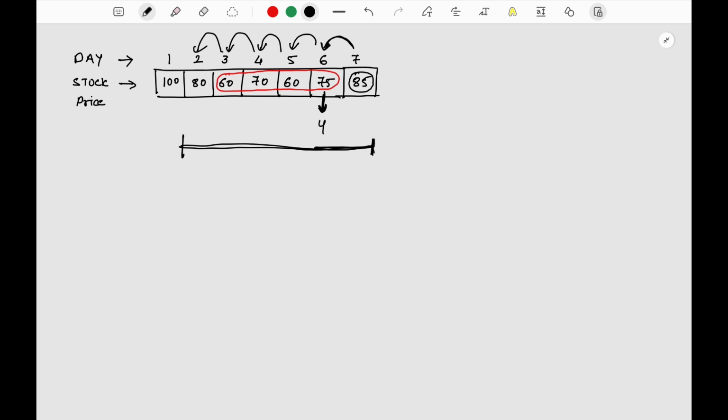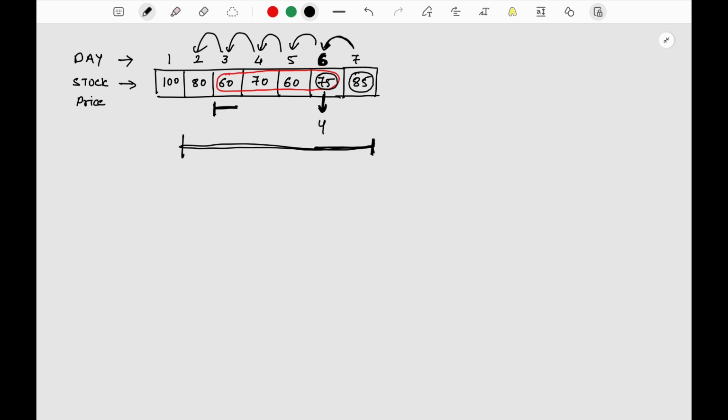Now, one optimization which we can do over here is while comparing with day 6. The span is 4. That means the 4 days before day 6, including day 6, will have values smaller than or equal to 75. That means till here the value of the stock price will be smaller than or equal to 75.